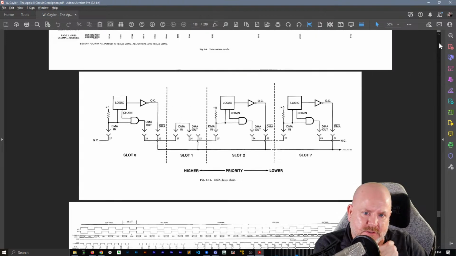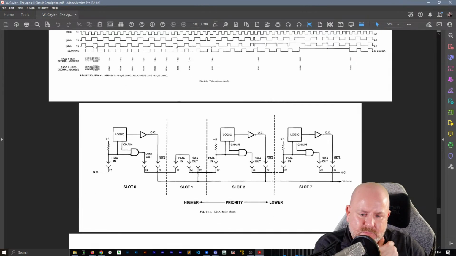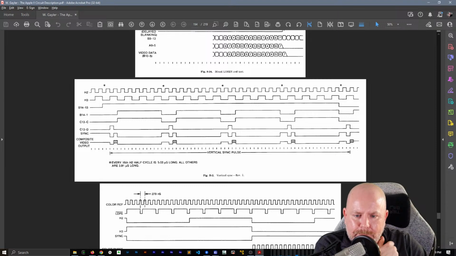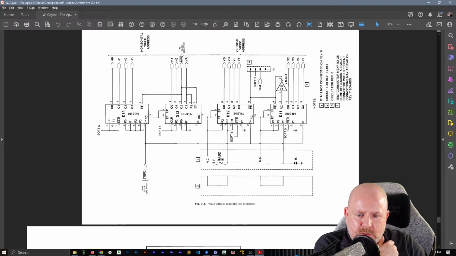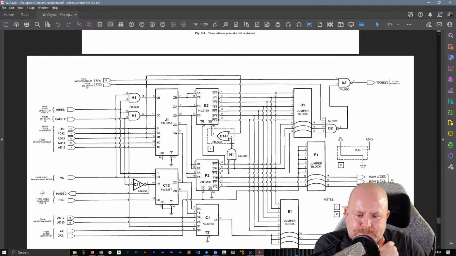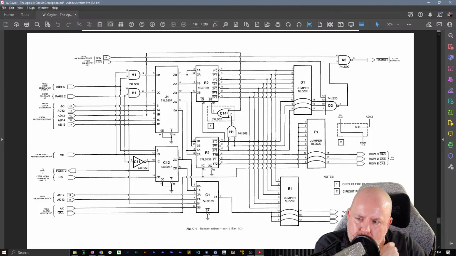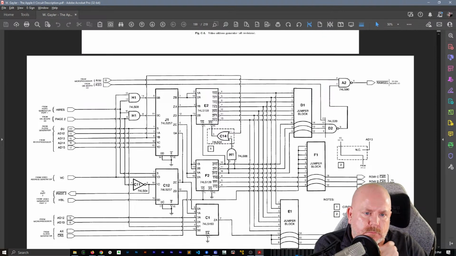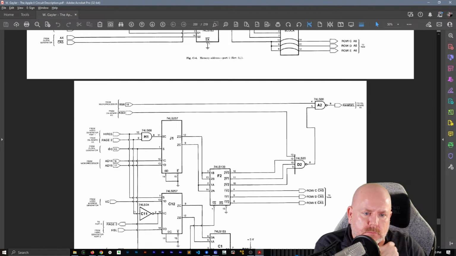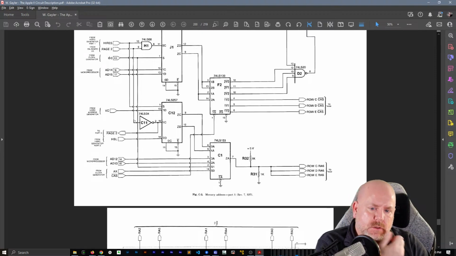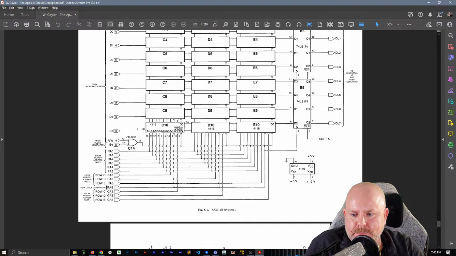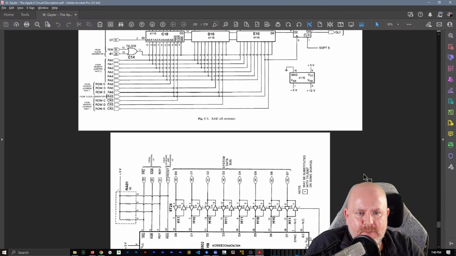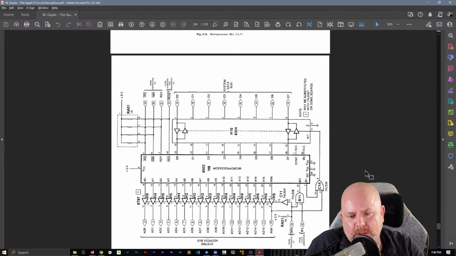Timing diagrams are probably not the direction I want to go. Yeah, no. Okay.